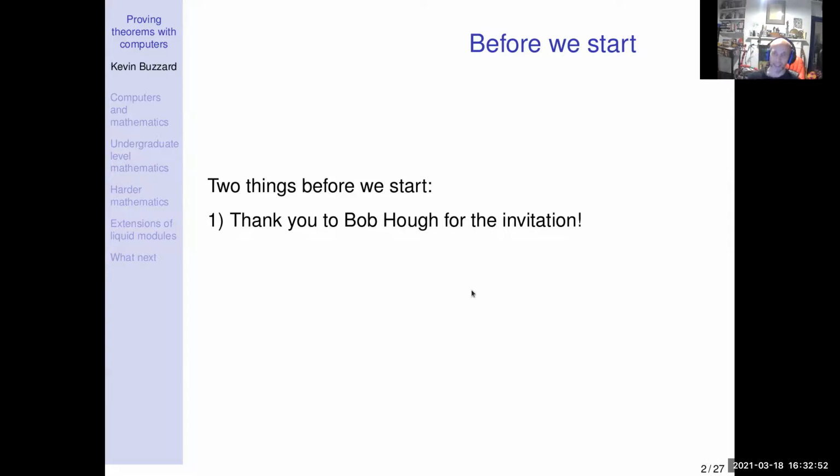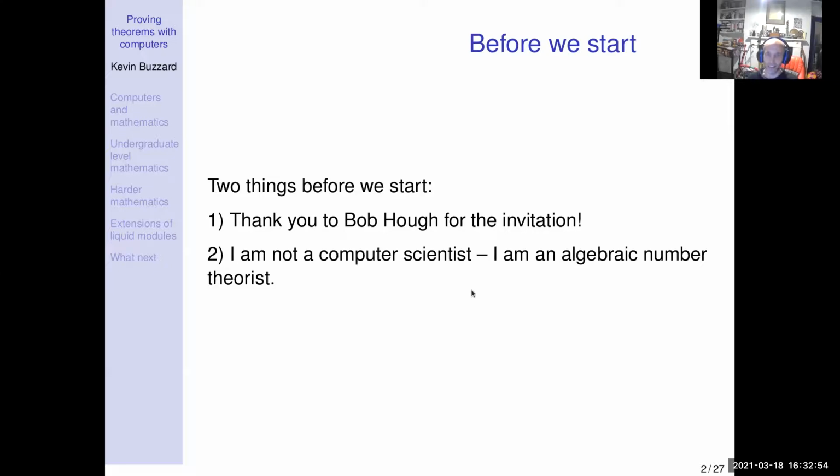And secondly, let me just stress that I'm not a computer scientist, right? I'm just a regular mathematician who, up until 4 years ago, was just doing regular math. Was just doing research into the Langlands program, in just the same way that all other mathematicians do research.